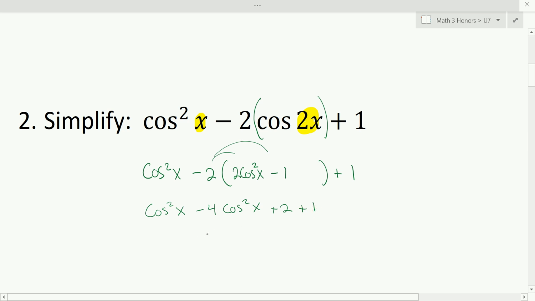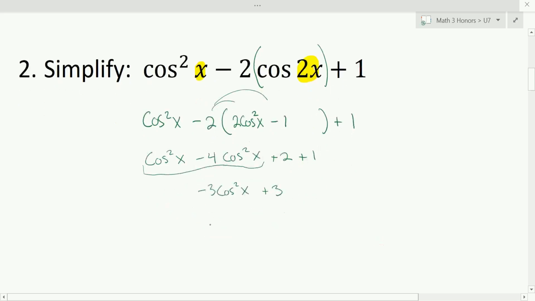So after you distribute, what did you do? Combine like terms. So the cosine squared x minus 4 cosine squared x is going to give me negative 3 cosine squared x plus 3. I'll factor out a 3, not a bad idea. So negative cosine squared x plus 1.